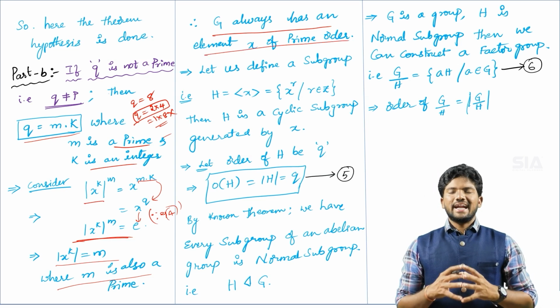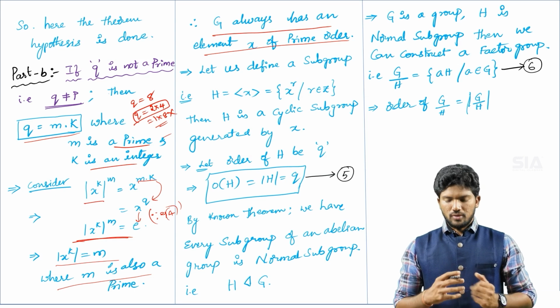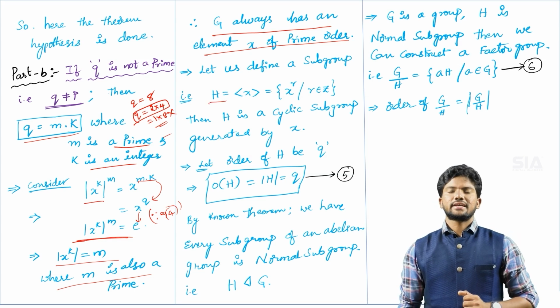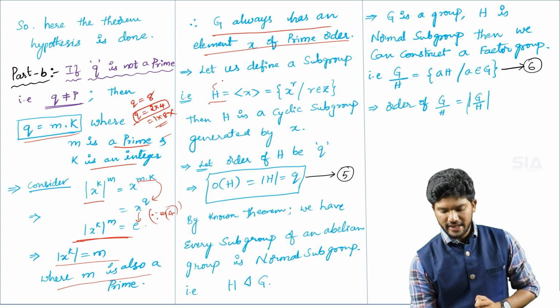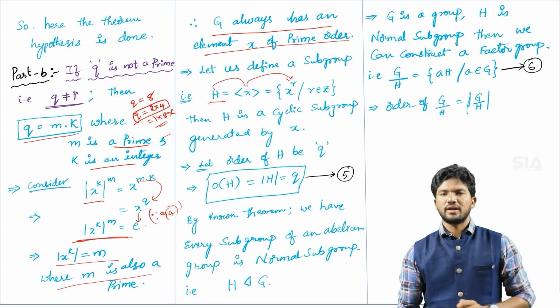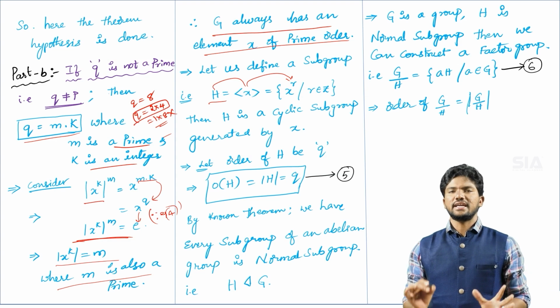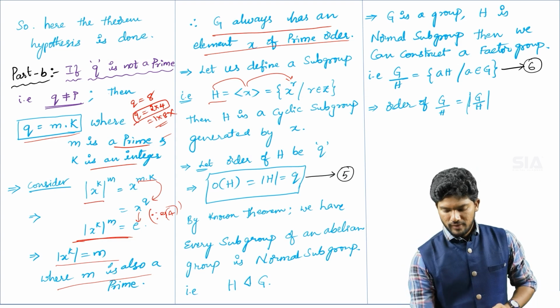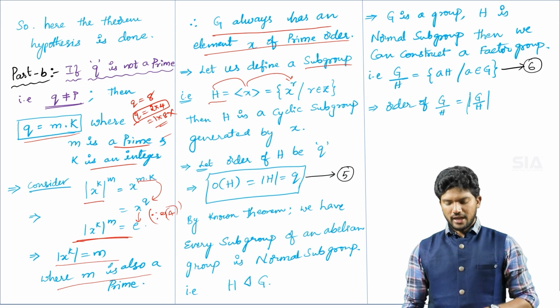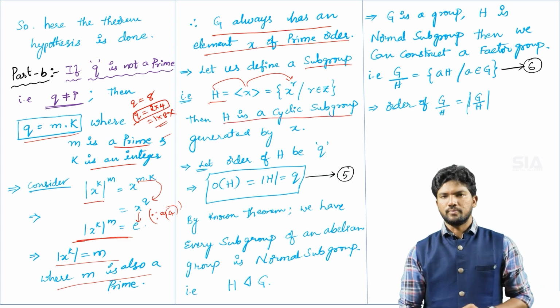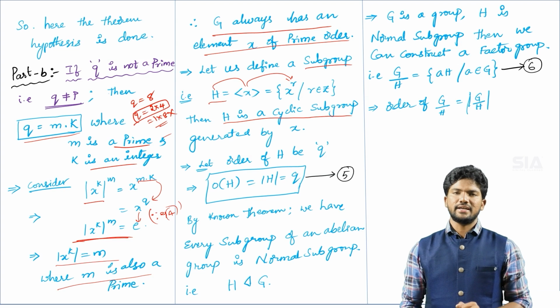Okay, so let us define a subgroup. Now I am going to define a subgroup that is denoted by capital H. Capital H is equal to the subgroup generated by small x. It is defined in the form of the cyclic group definition, x power r, where r is any integer, r belongs to Z. If you clearly observe, first we took capital H as a subgroup, and by the definition clearly H is a cyclic subgroup, generated by an element small x.